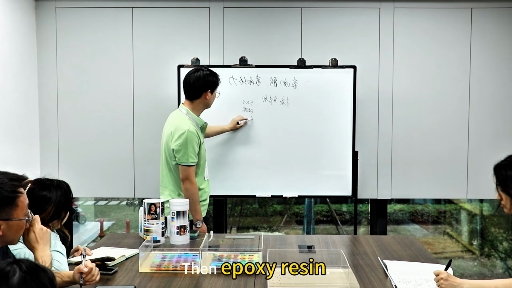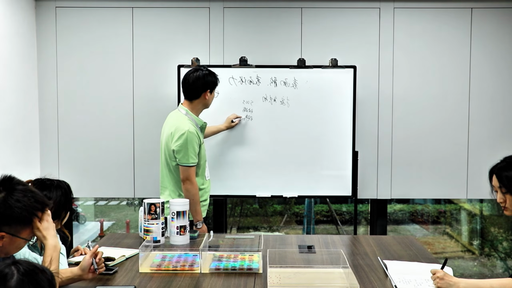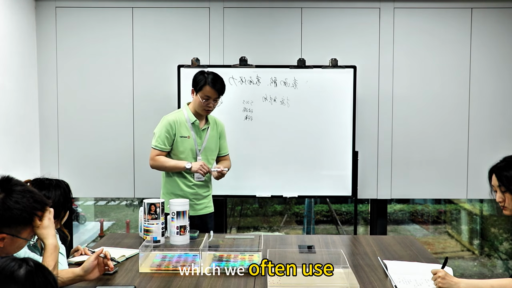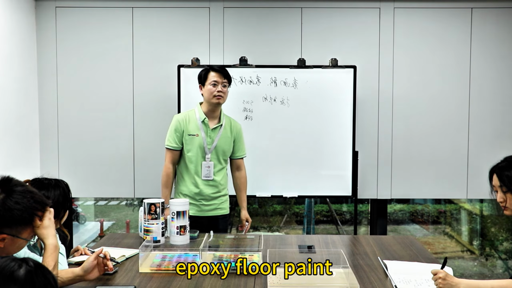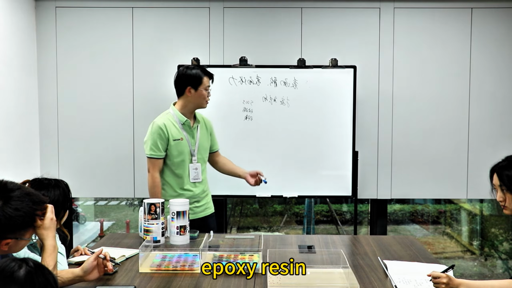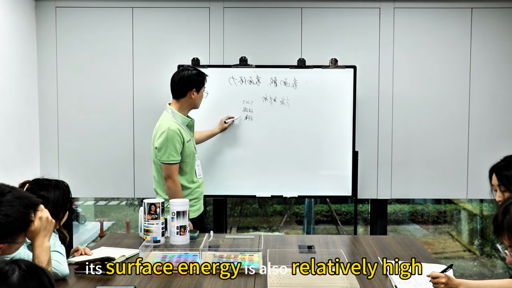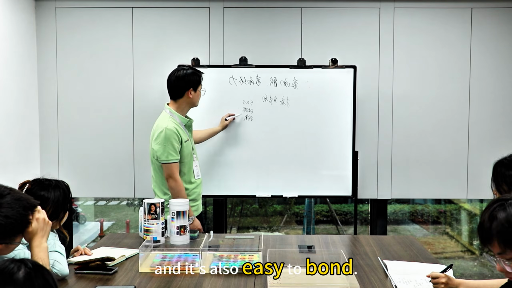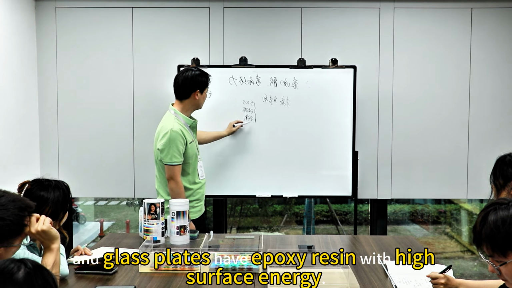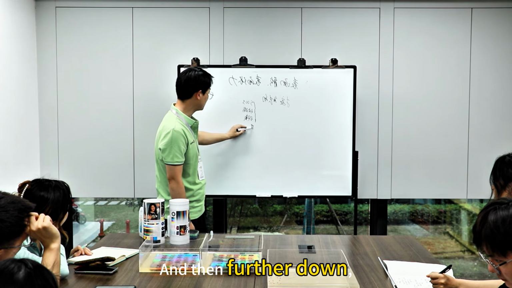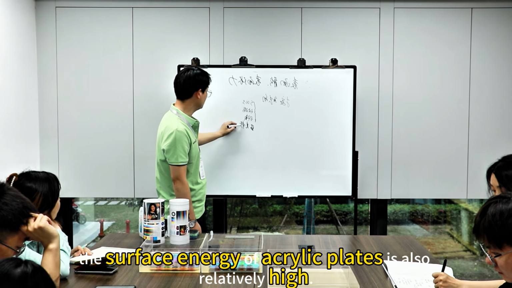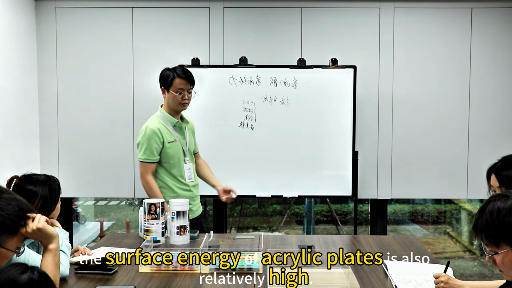Then epoxy resin. I guess you don't know what it is, which we often use. Epoxy floor paint, the green one, or that color, epoxy resin. Its surface energy is also relatively high, and it's also easy to bond. Steel plate and glass plates have epoxy resin with high surface energy. And then further down, acrylic plate. The surface energy of acrylic plates is also relatively high.